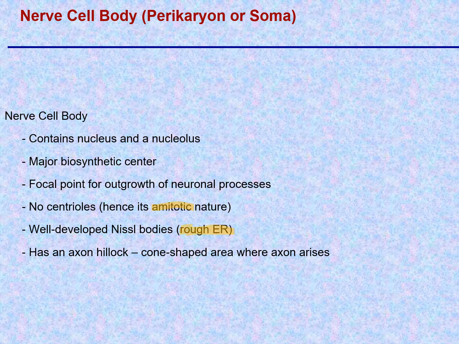There's lots of protein synthesis going on, and the rough endoplasmic reticulum in this kind of cell is called Nissl bodies. And at the base of the axon, you have an axon hillock, which is quite large and forms the base of the axon that extends out.